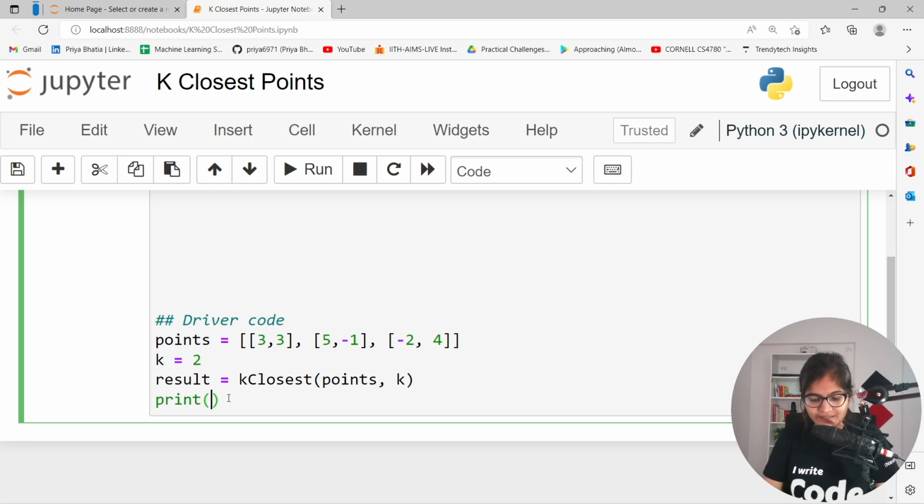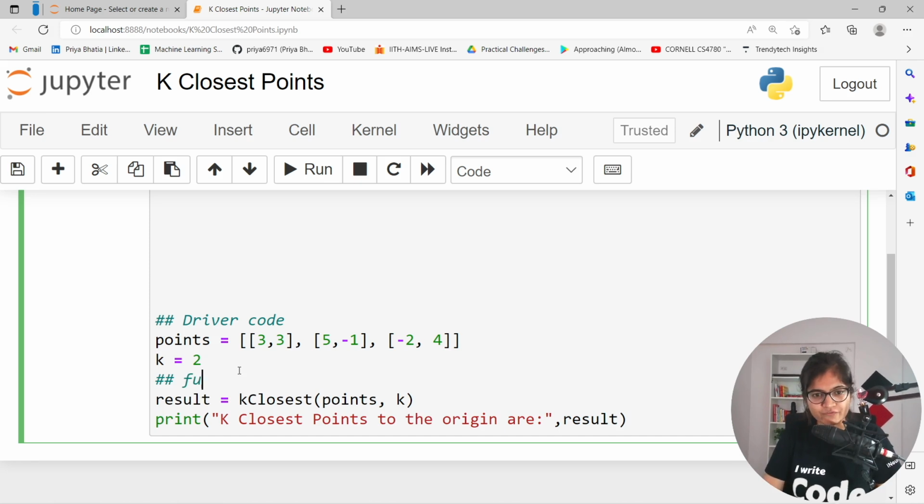Now we can print a statement: k closest points to the origin are, and here you can display the result. This is the function call that we are making here.